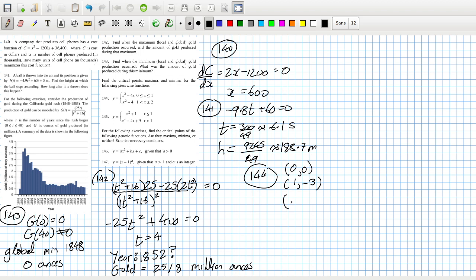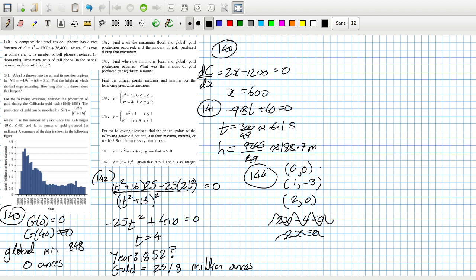And at 2, we'll have 0. And then the derivative, 2x minus 4 equals 0. That means x is 2, so can't be that, because that's outside. And then the second one would be 2x equals 0. Again, that would be outside.